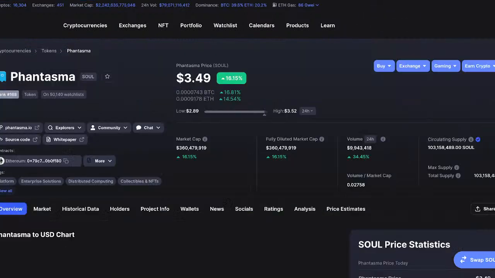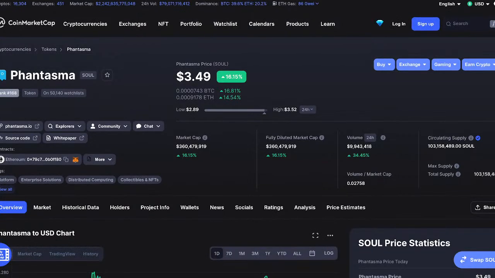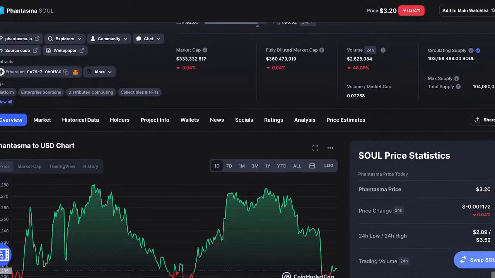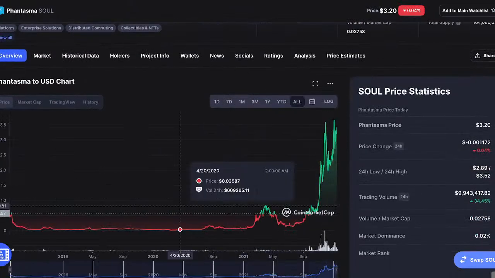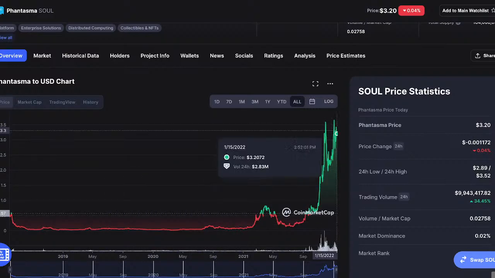So Phantasma Sol is a rank 168 cryptocurrency with a current price of $3.50 and a current market cap of 360 million. So if we take a quick look at just a minor chart on CoinMarketCap, you can clearly see that we are right now actually trading at almost all-time high.